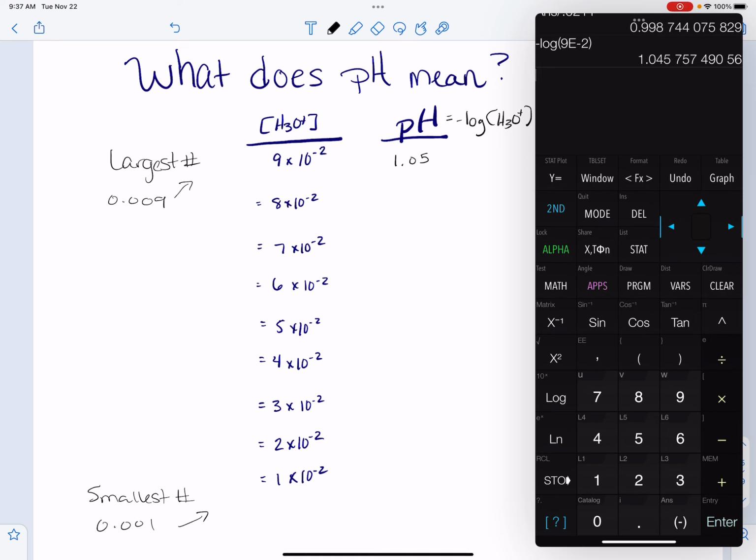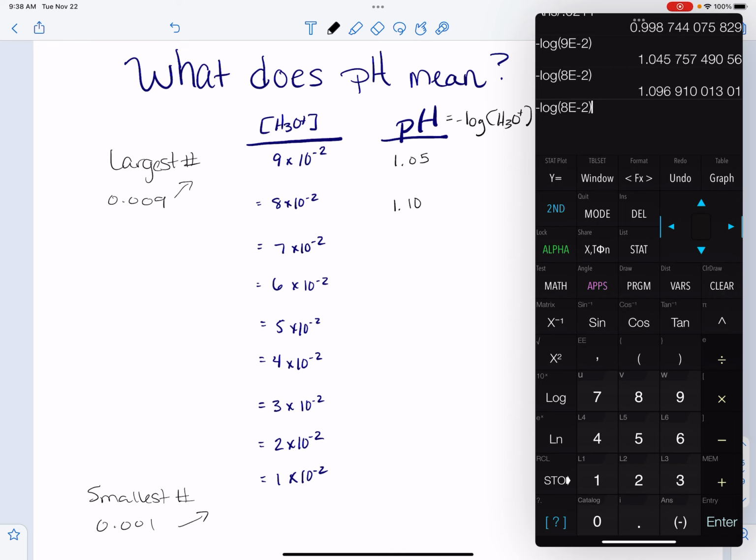Now I'm going to do the same thing, but I'm going to change that to an 8. And now it turns into 1 point, and if I'm trying to keep it to that many, that's 1.10.